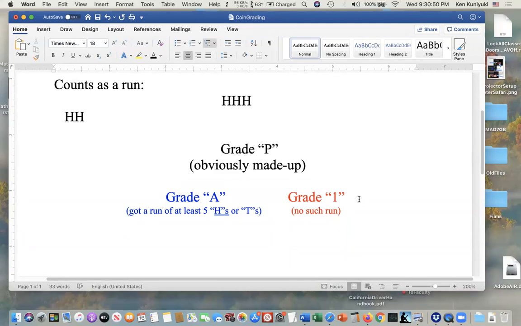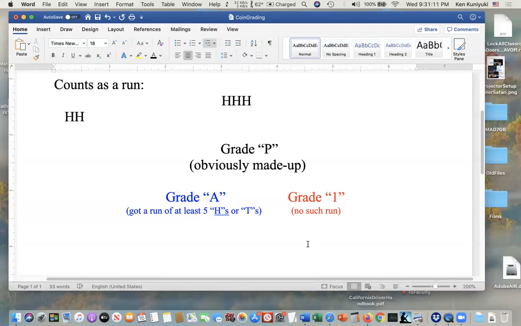If you think you can fool somebody, so if you give a paper to someone, and the person could not obviously tell that you did not flip the coin, that you got this from your head, and if you did not get a run of at least 5 heads or 5 tails, put a 1 on your paper.